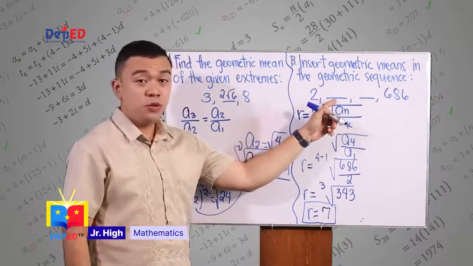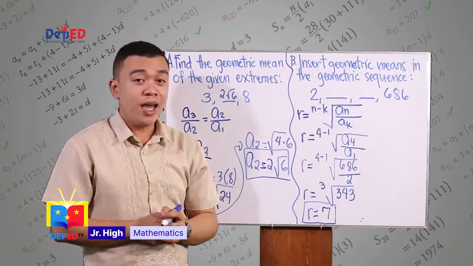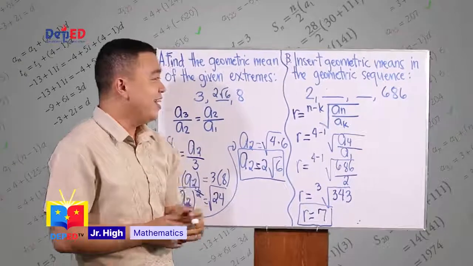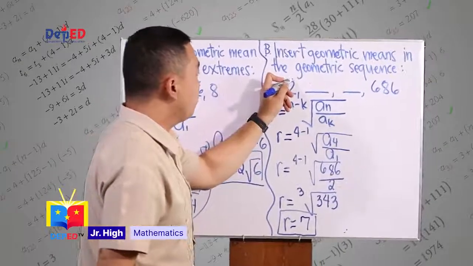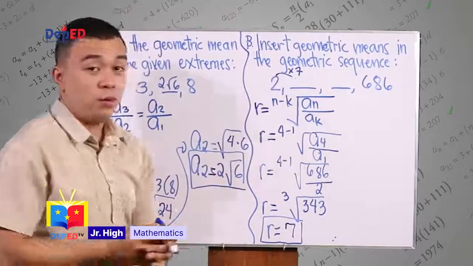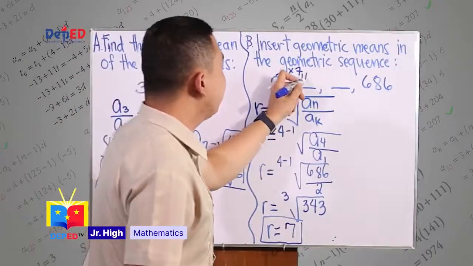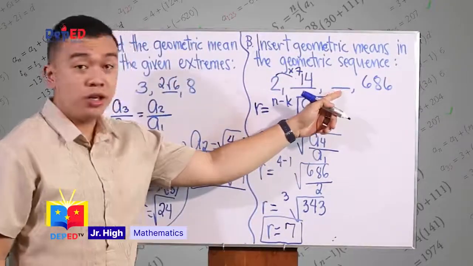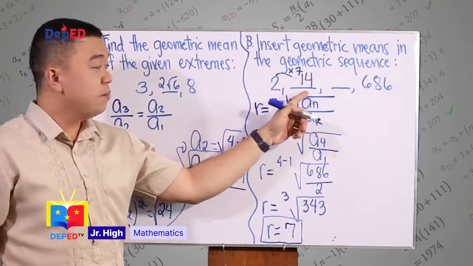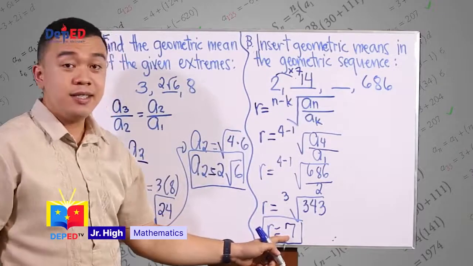To get a sub 2, we will multiply the first term by the common ratio 7. So that's 2 times 7 will give us 14. And to get the third term, we will multiply the second term, 14, times the ratio, which is 7.